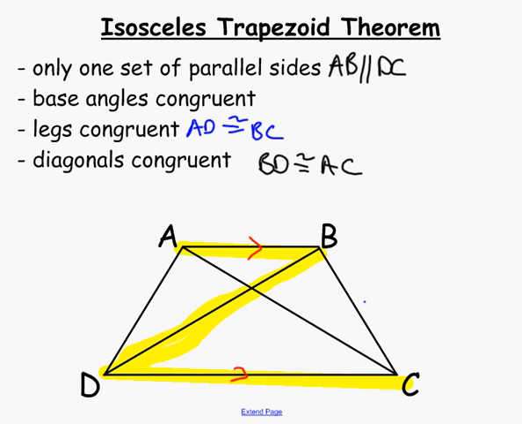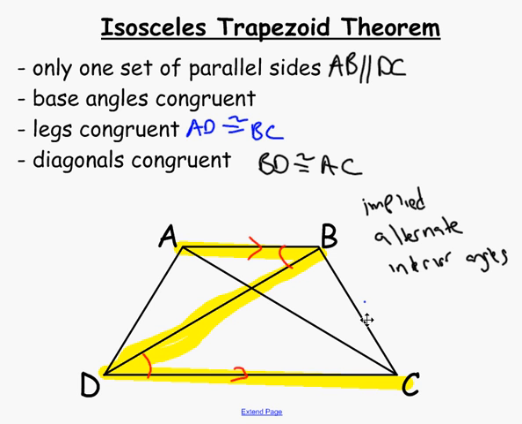I want you to also realize that this angle here is an alternate interior angle with this angle here. So angle ABD is equal to angle CDB. And even though that's not said here, it's implied. So I'm going to write that down. So: implied alternate interior angles.